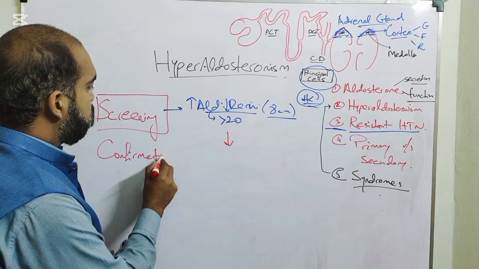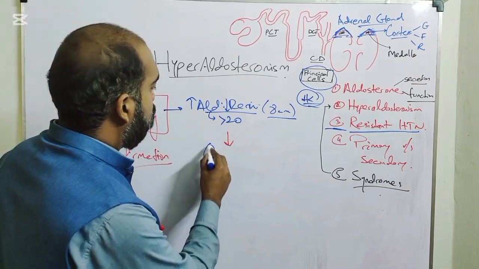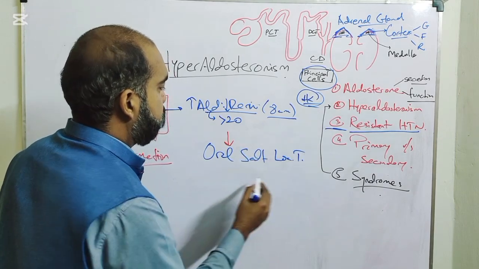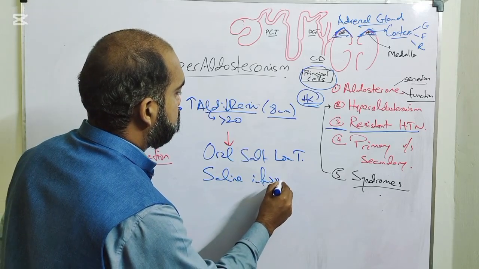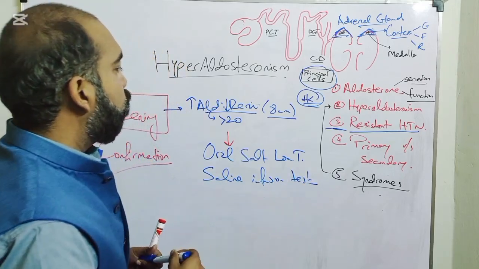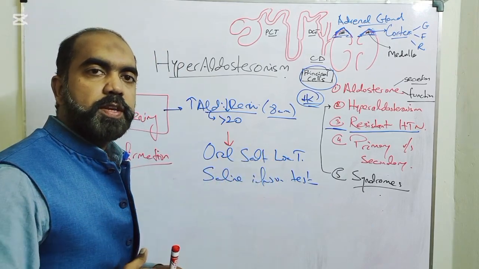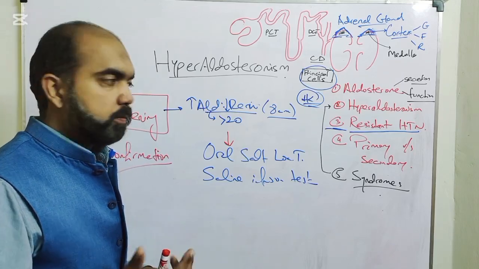in the previous video. The confirmation test here can be the oral salt loading test, or it can be the saline infusion test. The oral salt loading test usually takes 3 days of taking a high quantity of salt, and then we would check aldosterone, maybe in the urine.